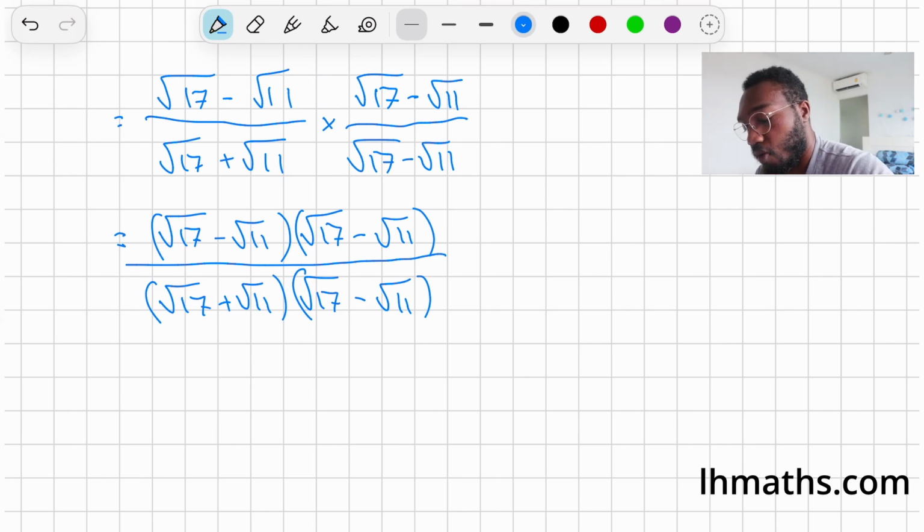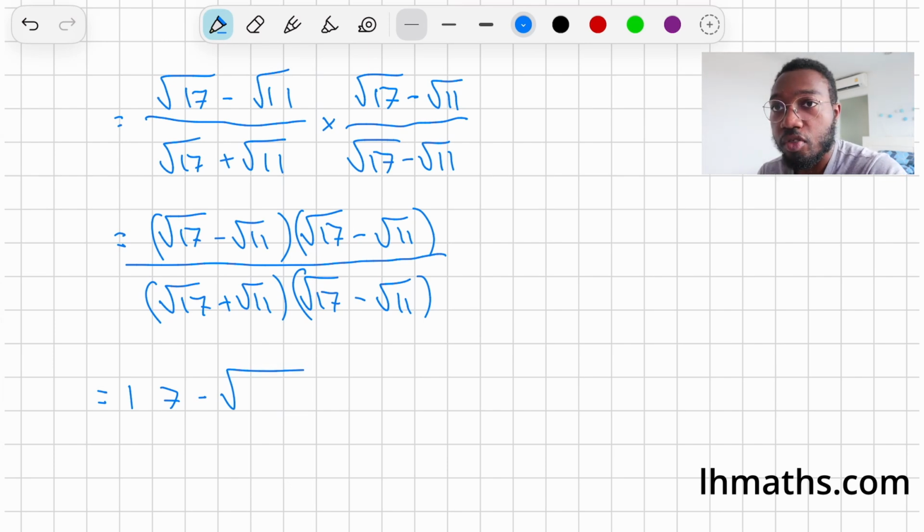So again, to solve this type of question, we would do the root 17 times by a root 17. If you work that out, you will just get 17 because you're timesing it by itself. For this bit in the middle, you get the square root of 17 times by the minus square root of 11. So if you work that out, it'll be minus the square root of 17 times 11.